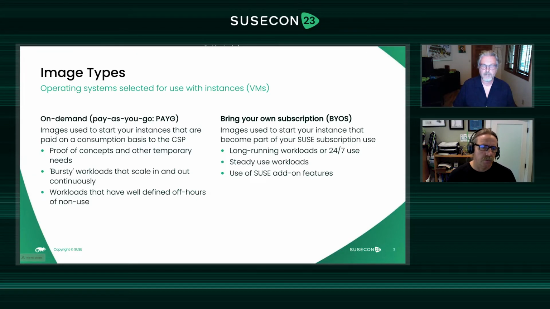The other difference between these two models is the support model. If you're using an on-demand instance or image to create your instance, then the first line support comes from the cloud provider, meaning from Amazon, Google, or Microsoft.